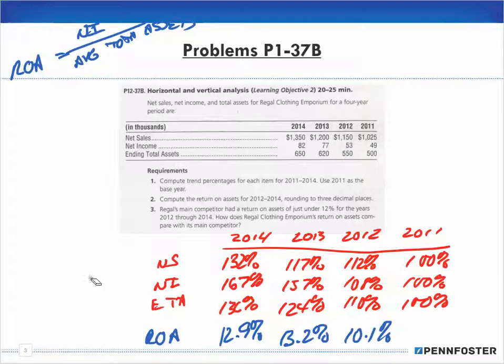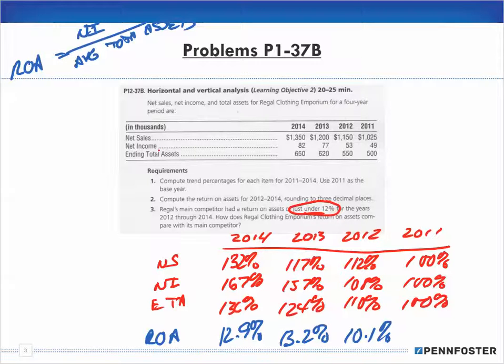All right, so we've computed the return on assets. Regal's main competitor had a return on assets of just under 12% for the years 2012 through 2014. How does Regal Clothing Emporium's return on assets compare with its main competitor? And this is the crux of doing this.